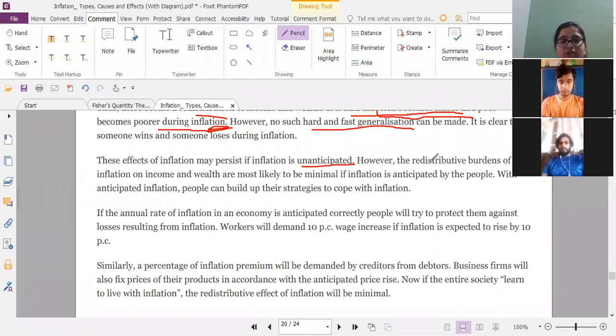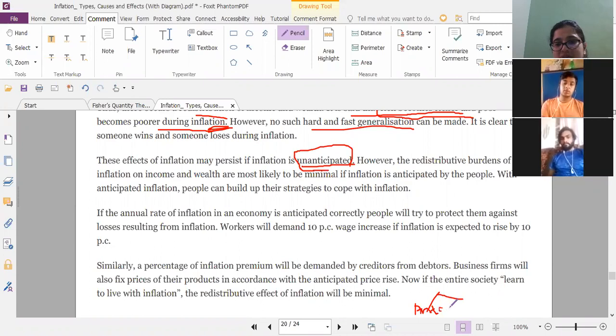I told you earlier itself: whatever we're discussing is under unanticipated inflation. I told you inflation is again of two types, and we can classify it as anticipated and unanticipated.